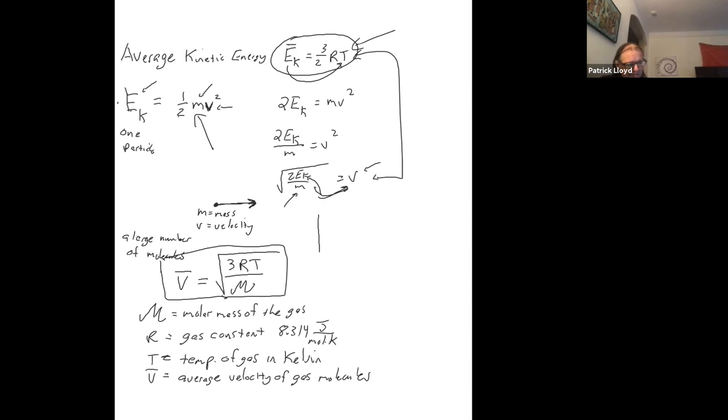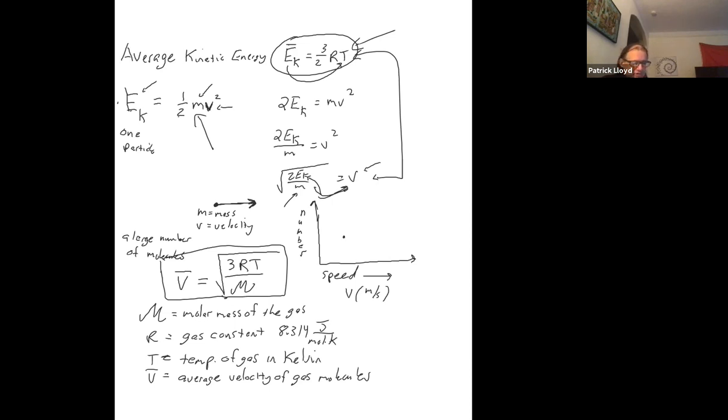We're going to go through graphs a little bit, but let me show you this one. Let's make this speed, so this is the increasing speed. This is V, and I'm going to put it in meters per second. And then this is the number of molecules. So how many molecules are moving at a speed? Imagine it this way. Suppose I put a little point here.